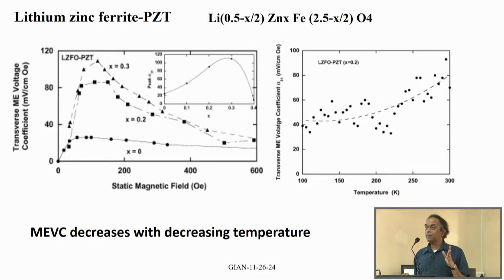The reason is that all the magnetic parameters, magnetostriction, piezo-magnetic coefficient, they tend to decrease for either decreasing temperature or increasing temperature. So, the best condition is to operate all your devices close to room temperature as much as possible, because anything above or below, you are going to get degradation of the device performance.